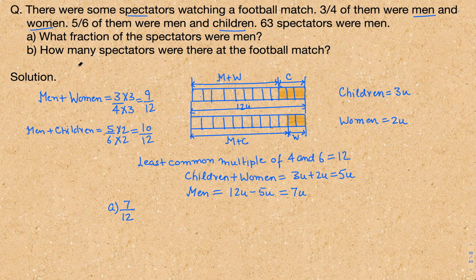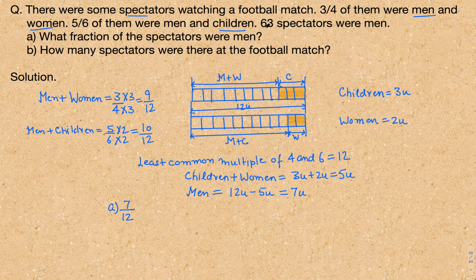And then let's move on to part B. How many spectators were there at the football match? So basically we have to find how much the 12 units are. Total number of spectators is 12 units. So for that we have to find how much 1 unit is. And how do we find that?